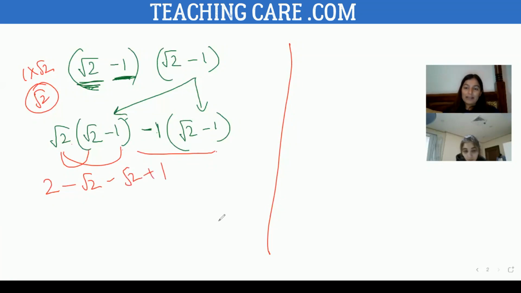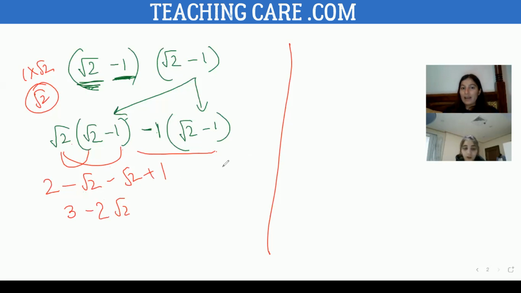Now what are the like terms here that can be clubbed? It would be 3, and then minus square root 2 minus square root 2, which is minus twice of square root 2.